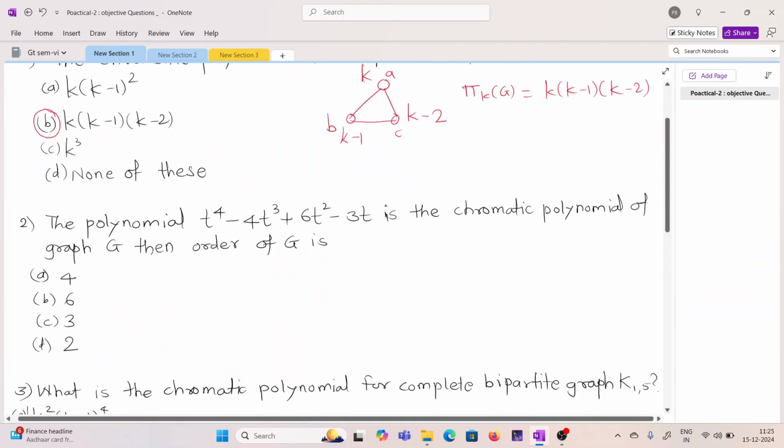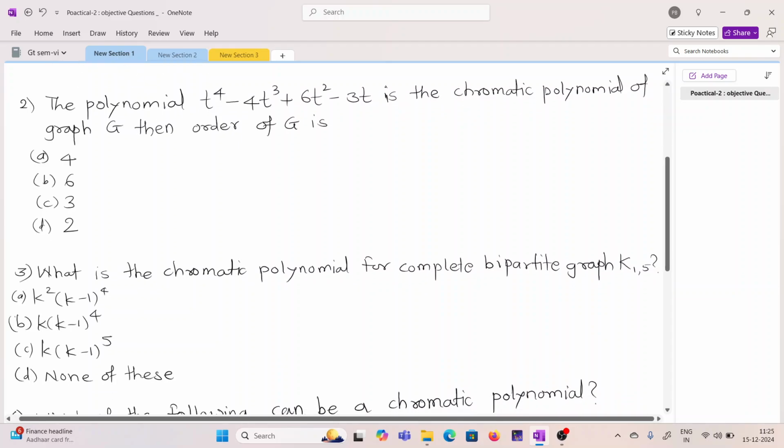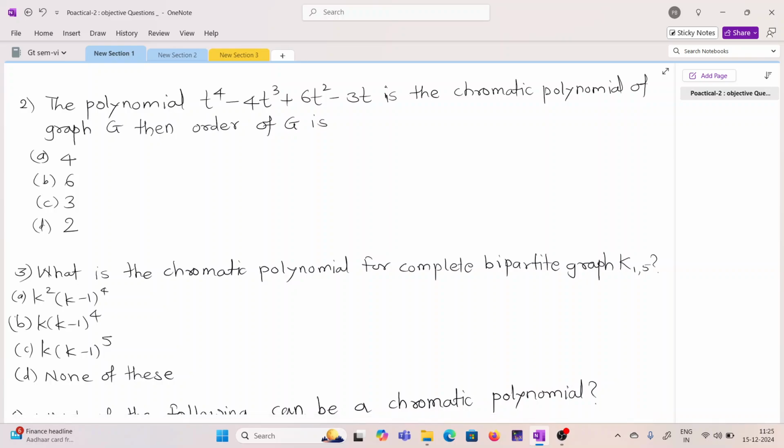Next MCQ is: the polynomial t raised to 4 minus 4t cube plus 6t square minus 3t is a chromatic polynomial of graph G, then order of G is.